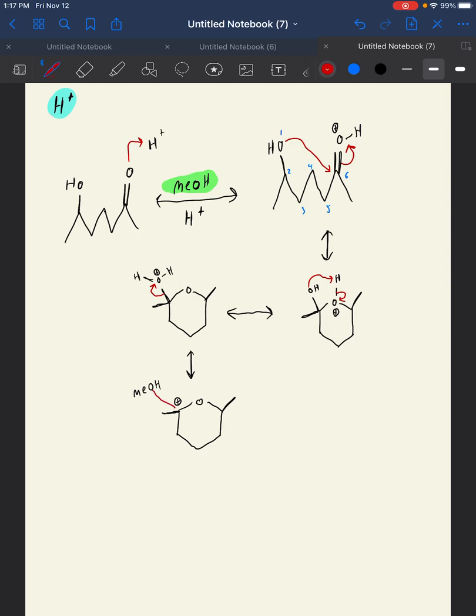So that MeOH can then attack once again. If you remember from the previous video, that generic base can then come in, grab that hydrogen, and then give us our final product.